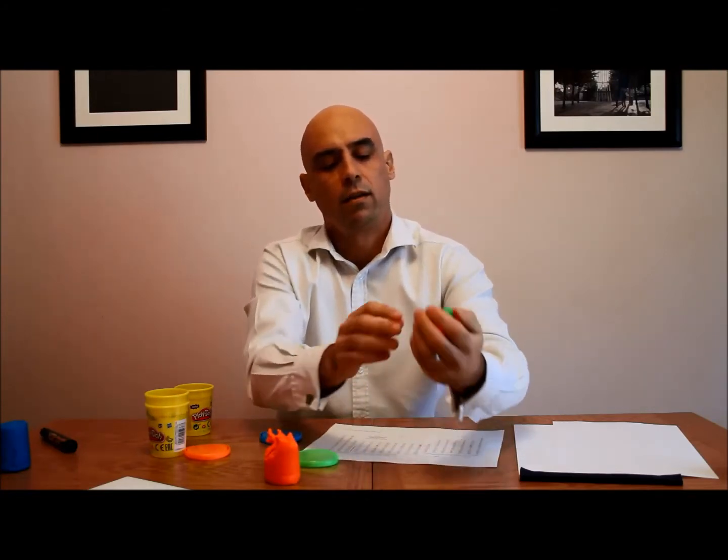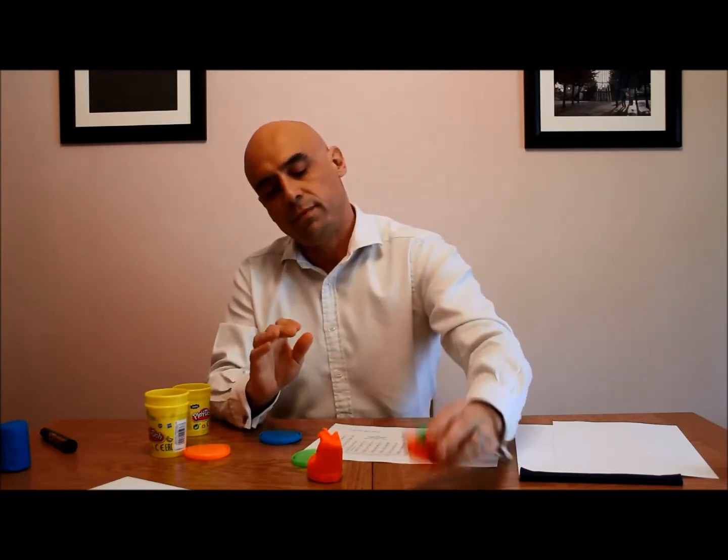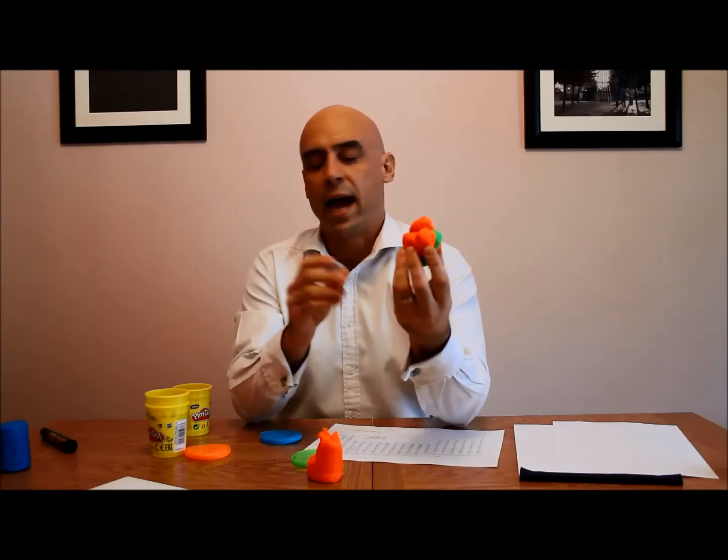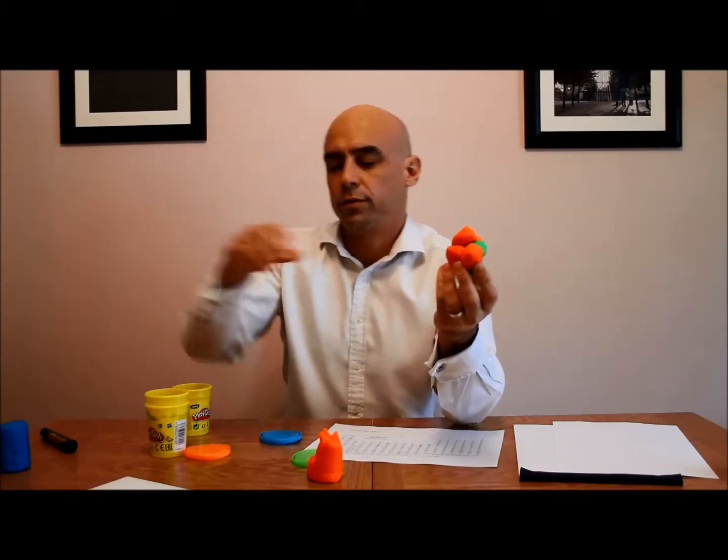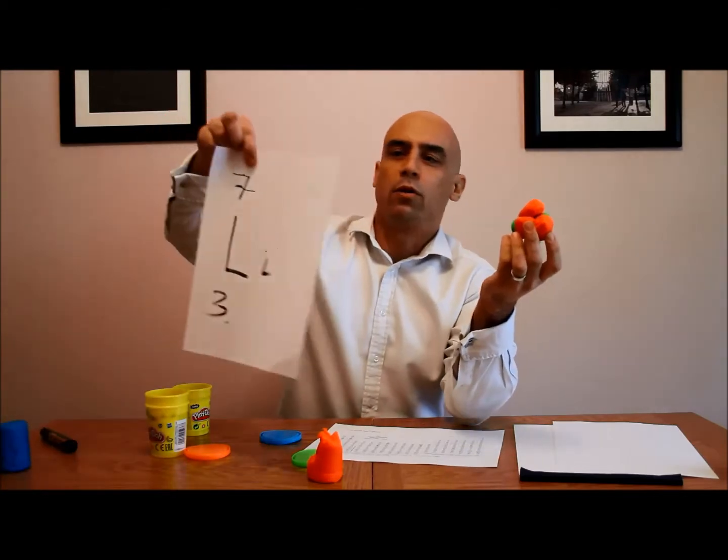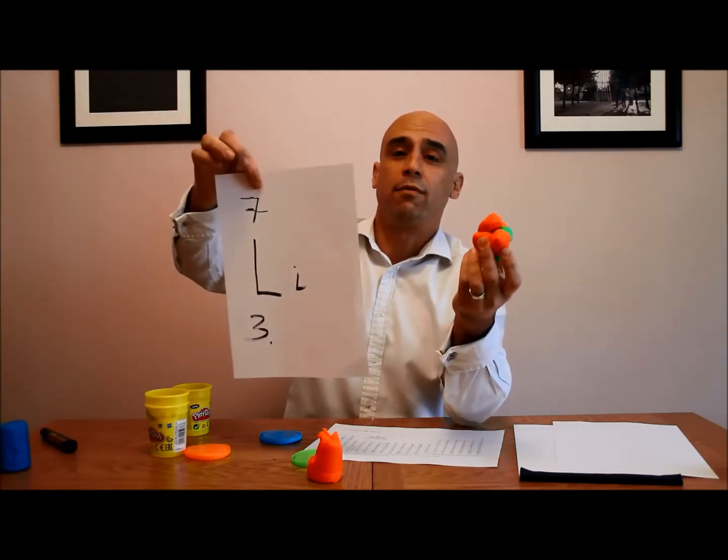There we go. That's 3, and we need 1 more. And that is the nucleus of our atom. It's got 3 protons. In order to work out how many protons and neutrons I need to make it up to 7, so it's got 4 neutrons. There. So that's called the nucleus of the atom.